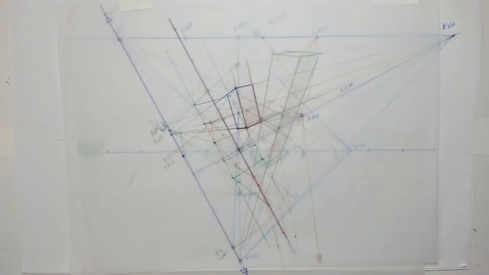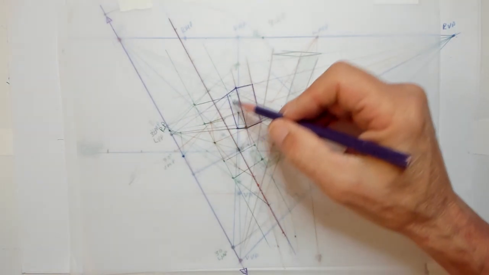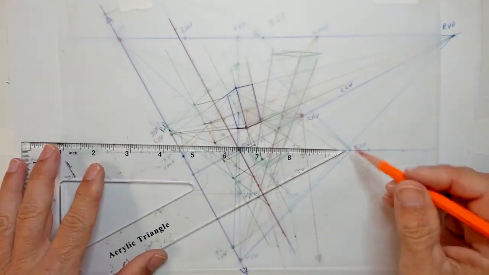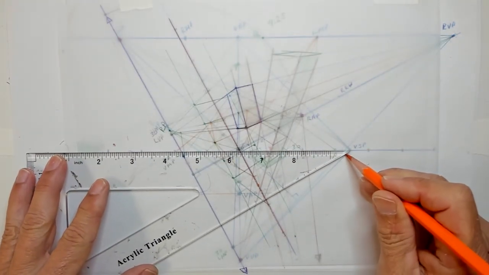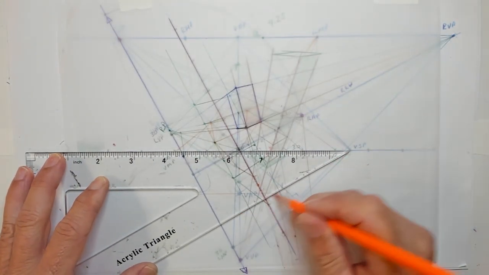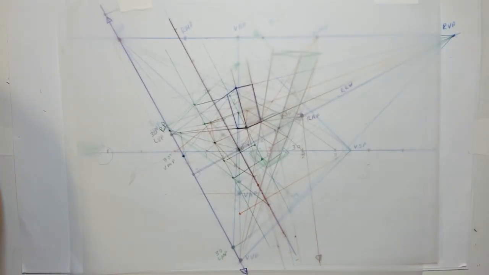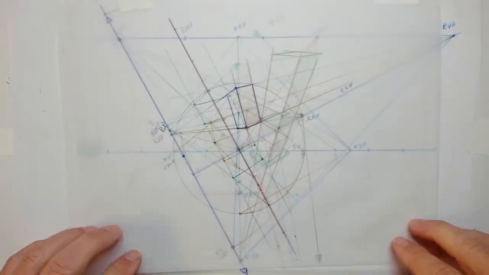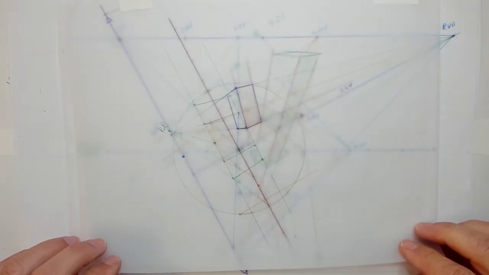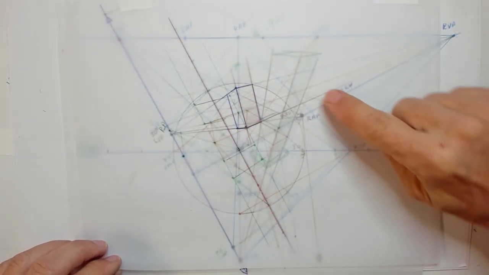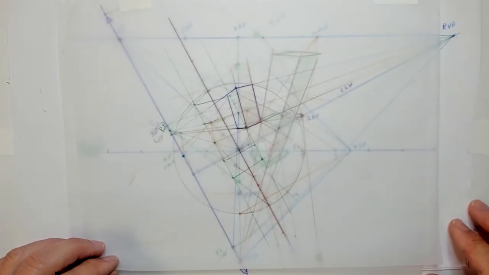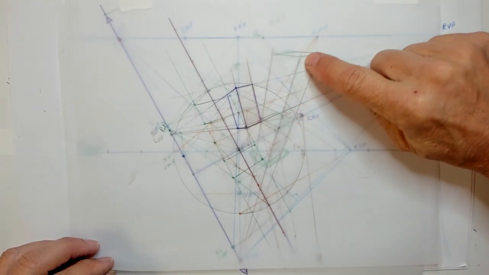Let's put the cone of vision in, and we'll see how these objects relate to the cone of vision. So here's our cone of vision. This one barely makes it, and you can see how far this one is. So that's what happens. Things get stretched out and distorted when they go outside this cone of vision.